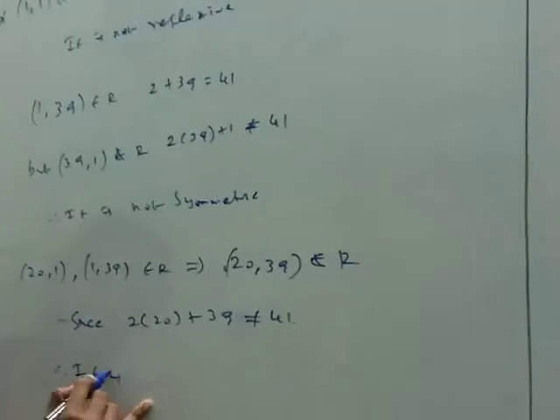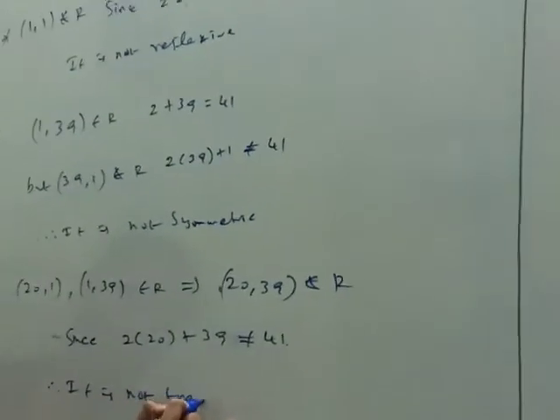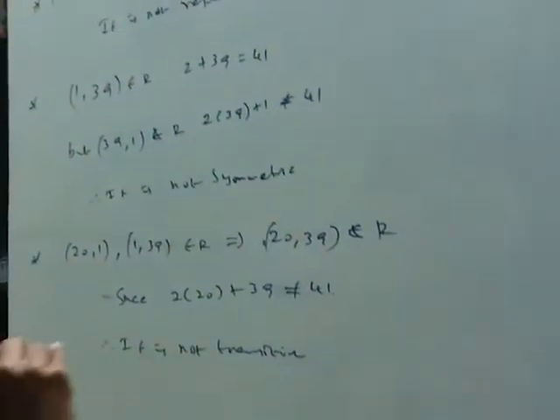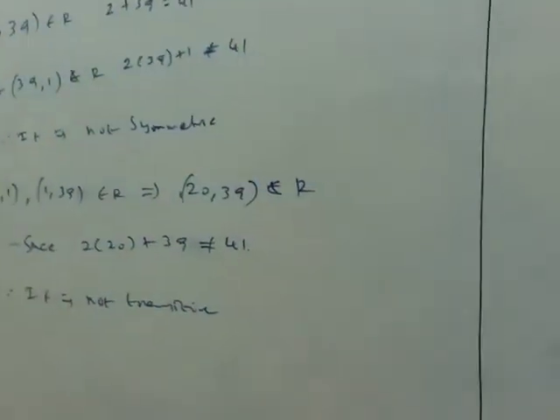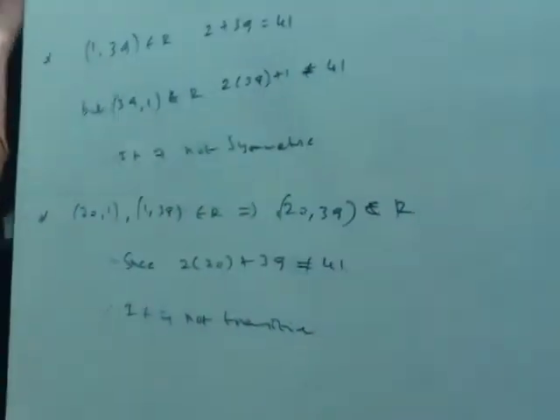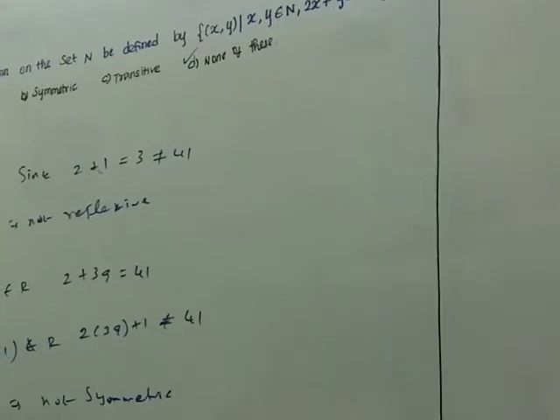Therefore it is not transitive, okay ma? So altogether, let R be a relation, and the final answer will be none of this. It's not reflexive, not symmetric, not transitive, okay?